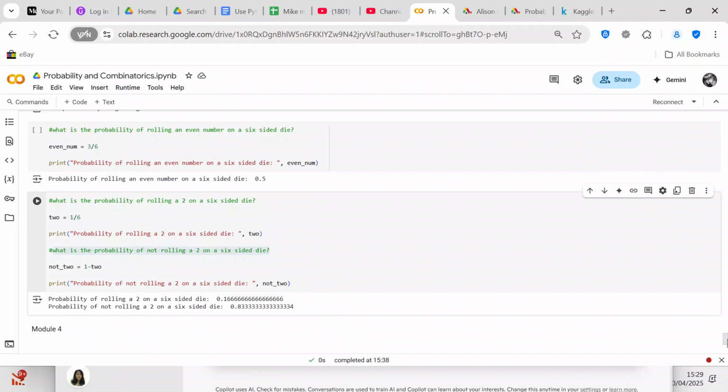It's either 5 divided by 6, or it's 1 minus the probability of a 2. They're both going to give you the same answer. But if you want to work with the nots, it's probably better to say 1 minus the probability of a 2. Both of them are going to give you 83.3%.